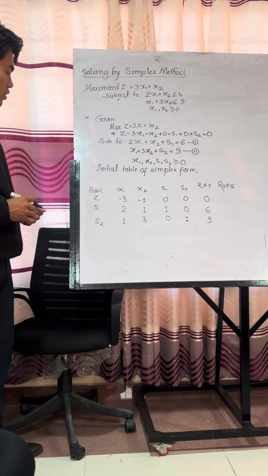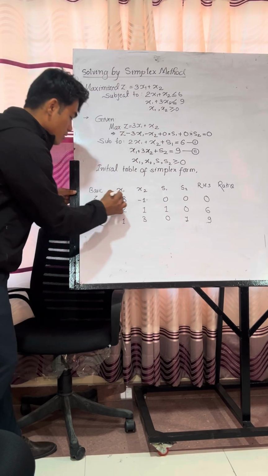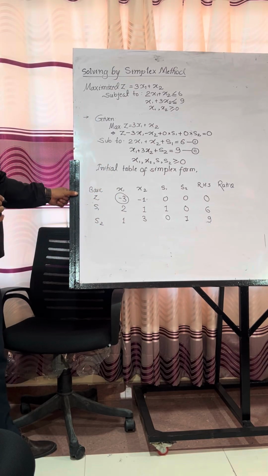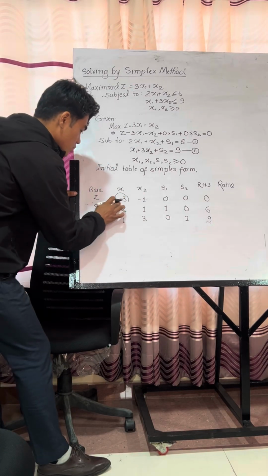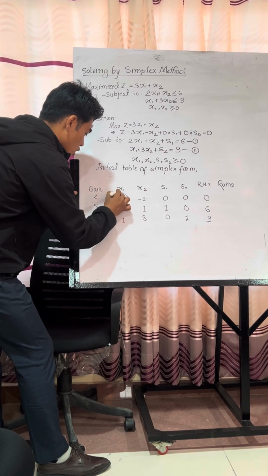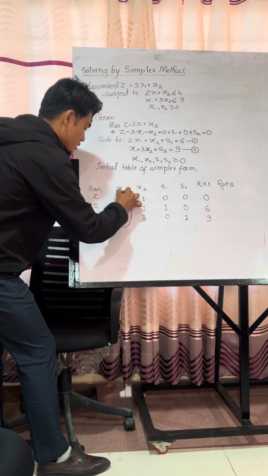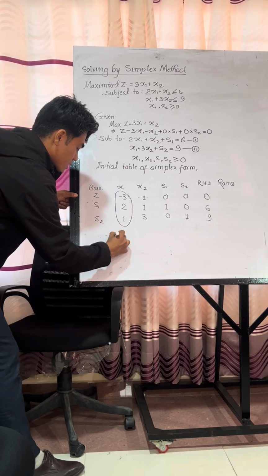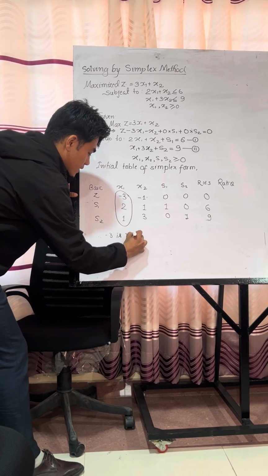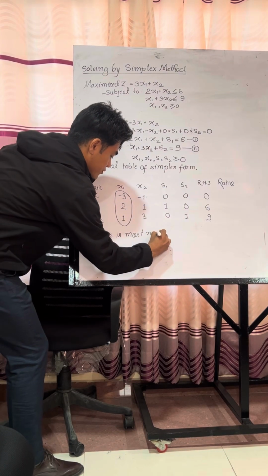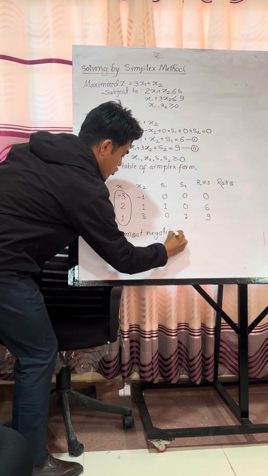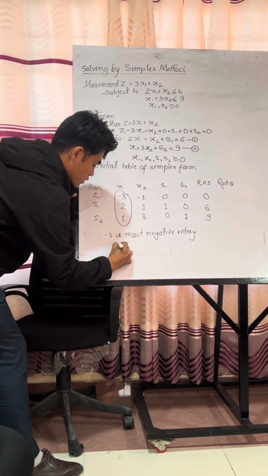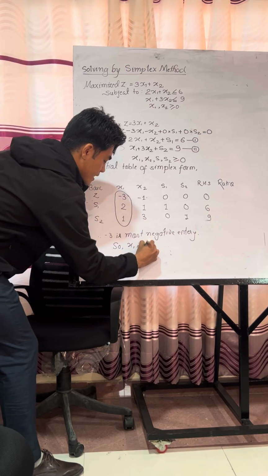So first we will see the most negative entry. You can look here, this is the most negative entry of the objective function, so this will be your key column. Therefore minus 3 is the most negative entry, so x1 is the key column.